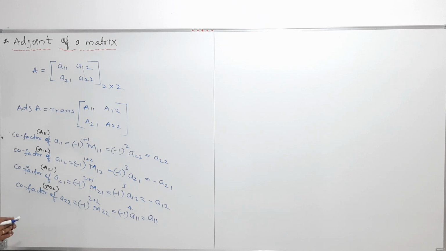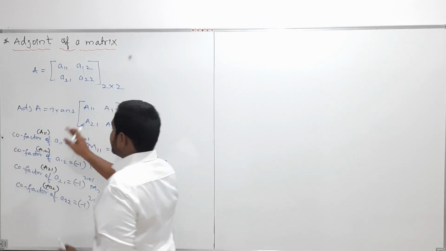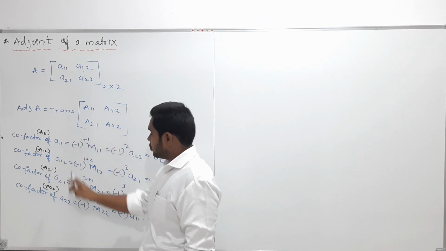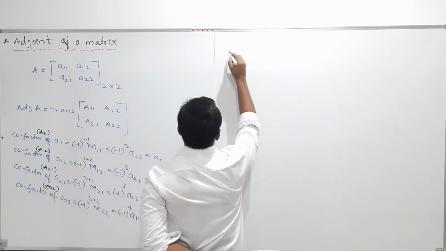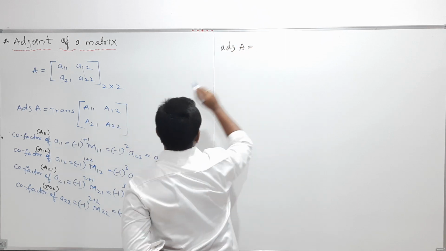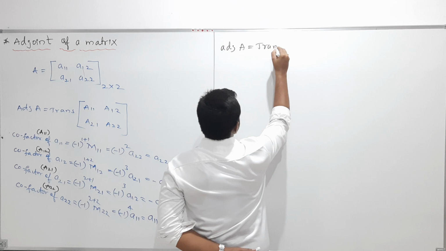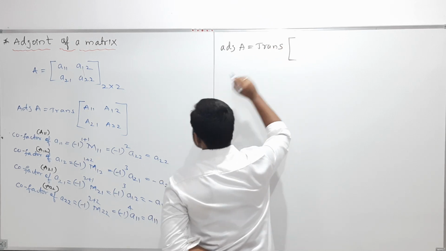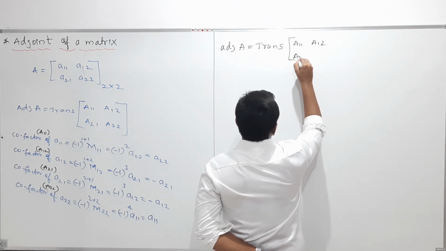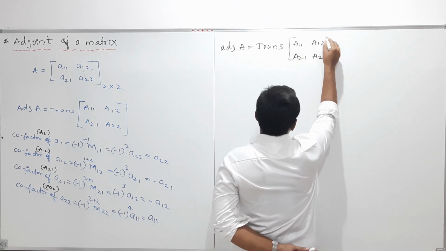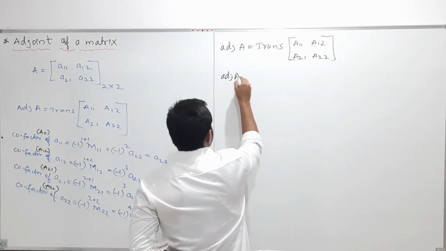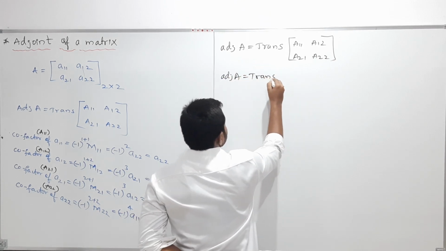Clear? So now what is the definition of adjoint of A? Adjoint of A is nothing but the transpose of the matrix A11, A12, A21, A22. So adjoint of A is equal to transpose of this.